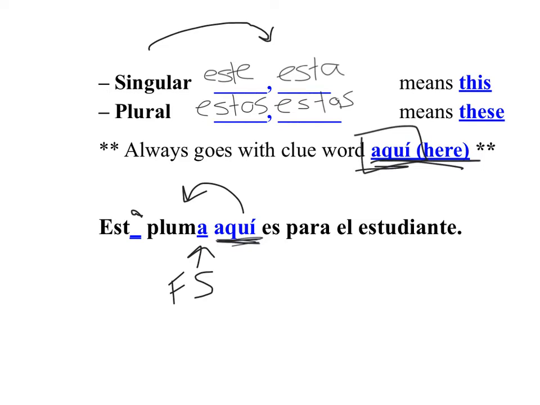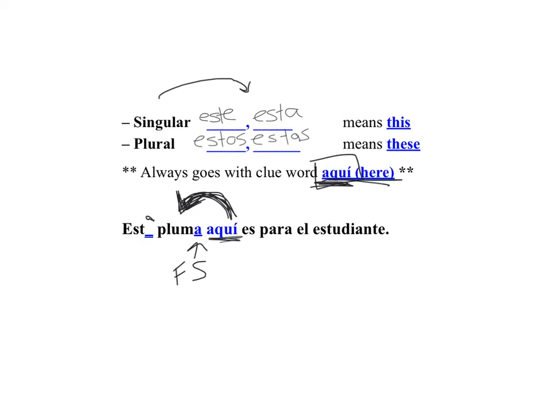So the clue phrase aquí is going to say here. Then you're going to look at the word next to it to decide which one should you use, masculine, feminine, singular, plural. And then you're going to fill that in. So this sentence right here is saying this pencil here is for the student.